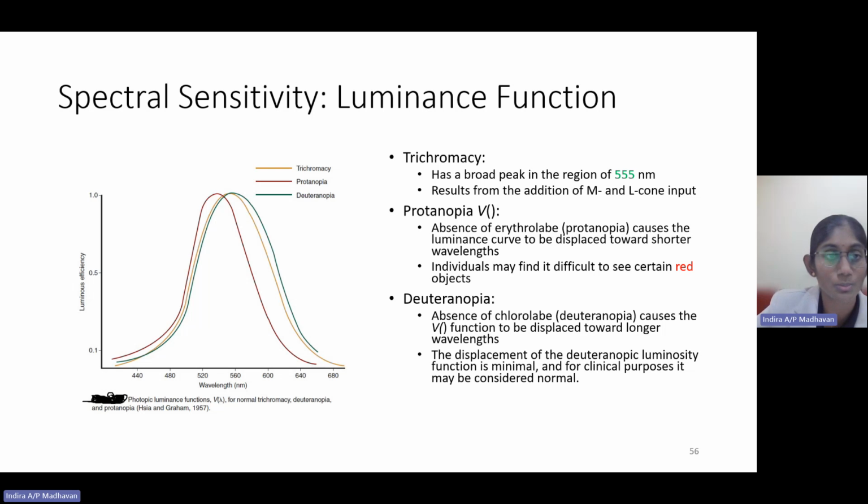While for deuteranopia, they are missing the medium wavelength cones, so the curve is slightly shifted to the longer wavelength area. This displacement is actually minimal. It is not like the red cones, where the curve shifts very far away. This one is close to the trichromat, but at a slightly longer wavelength.